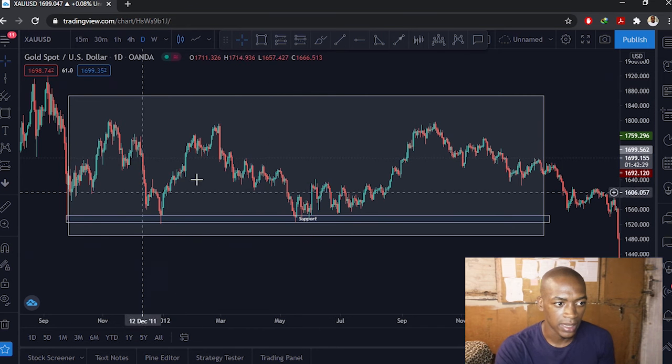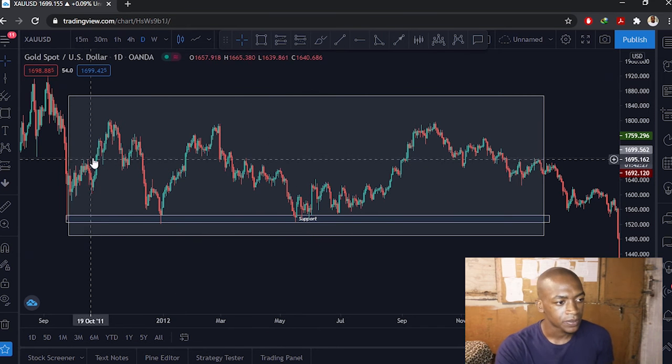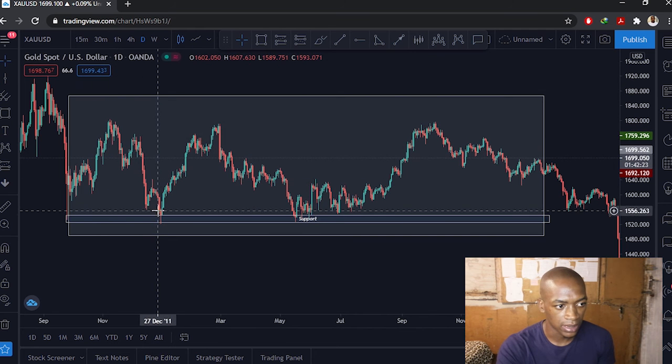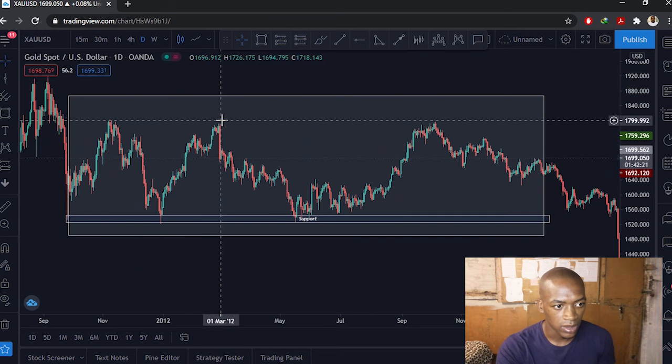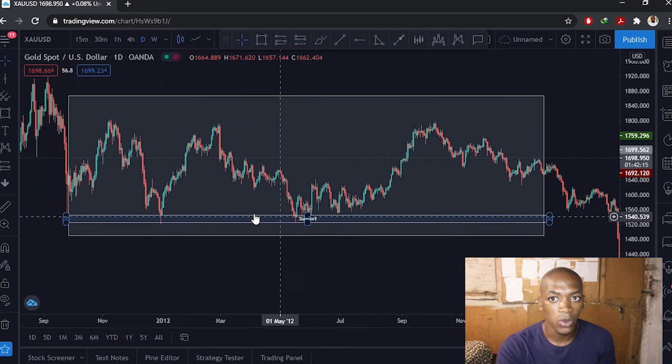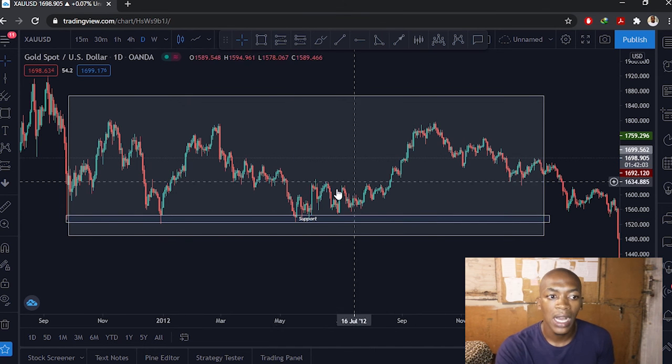Okay, so every time the market was going to the downside and got here, it went to the upside, and then it came to the downside here. Meaning that when it came to the downside, it realized that this price was the lowest possible price, and then it respected that and went to the upside.